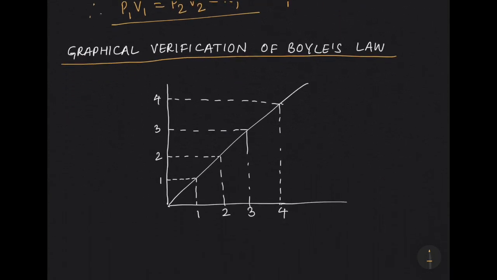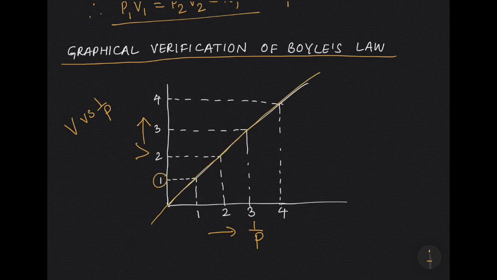The first graph that we take is volume versus inverse pressure. When we plot a graph taking volume and inverse pressure, what do we get? We get a straight line passing through the origin, because when the volume is 1, inverse pressure will also be 1.